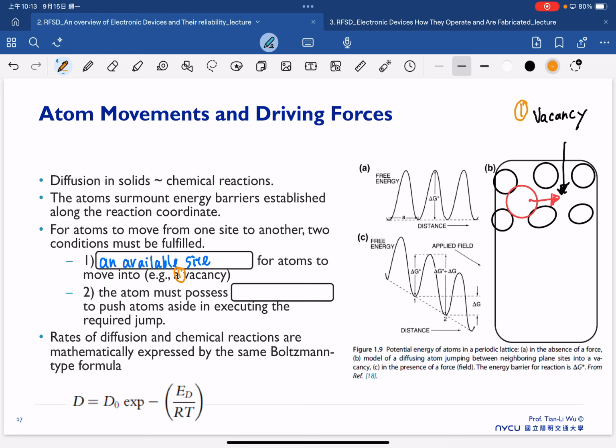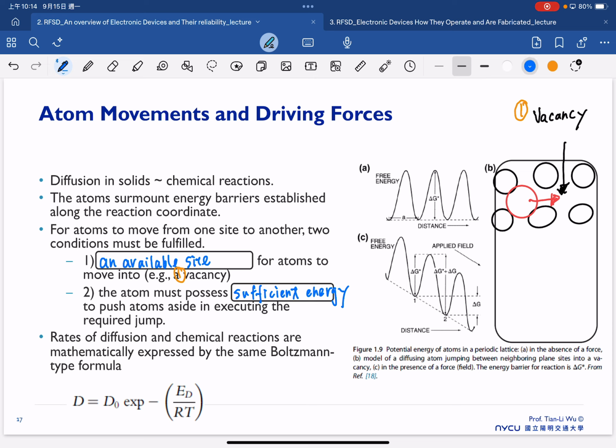And second, the atom must possess sufficient energy to push the atoms aside in executing the required jump.